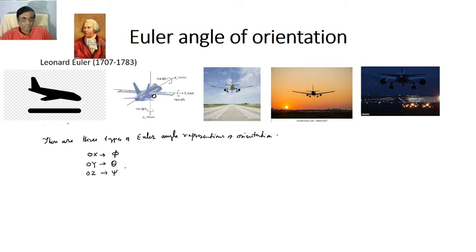So now we need to find out. I will tell you the three types of Euler angle representation, and these three types can also give birth to many others. For example, in Craig, they have discussed many more Euler angle representations, but they are equivalent, which you will understand, right?